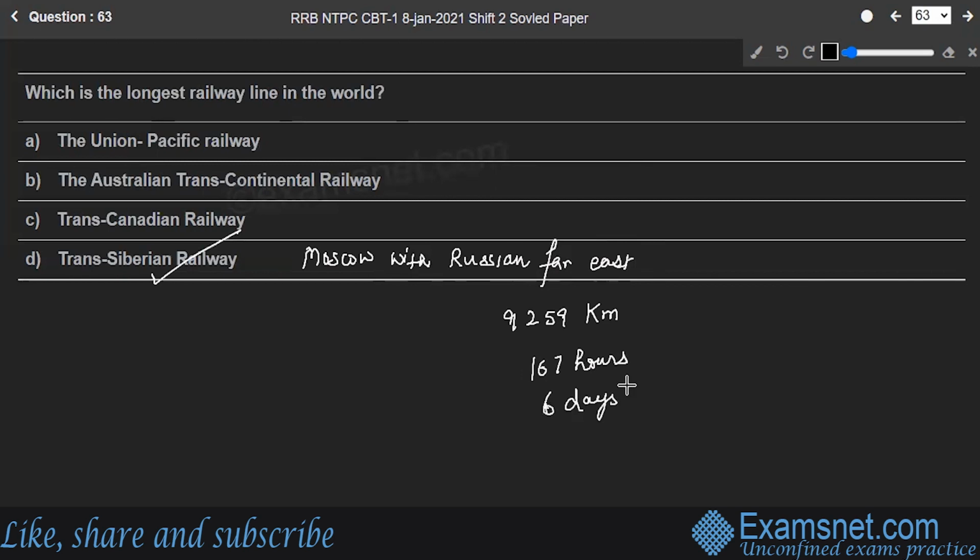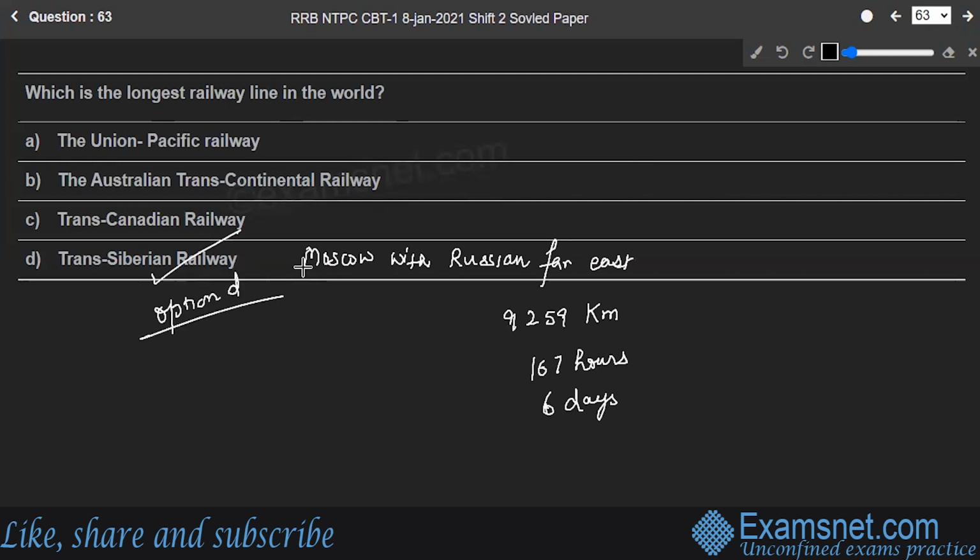The Trans-Siberian Railway line has connected Moscow to Vladivostok since 1916 and it is still being expanded. There are also branch lines to Mongolia, China, North Korea. So option D is the correct answer to the question, that is Trans-Siberian Railway.